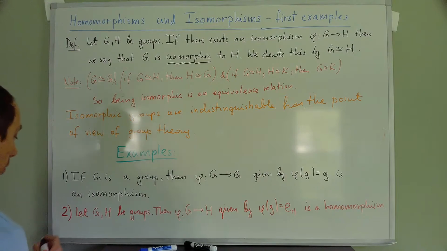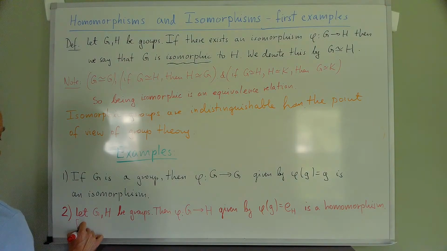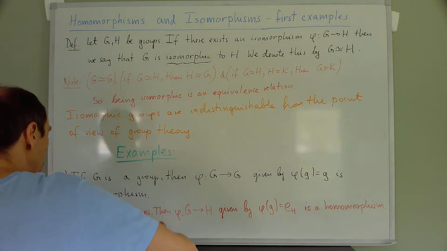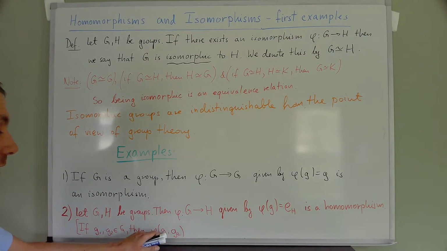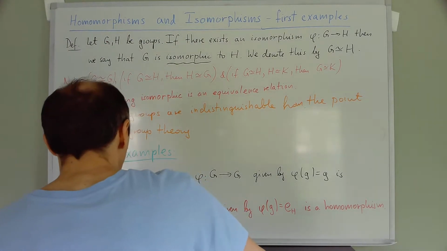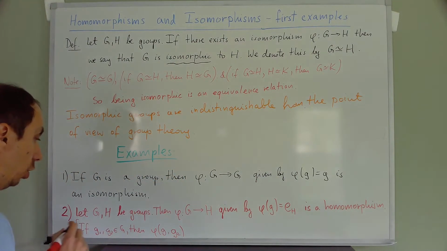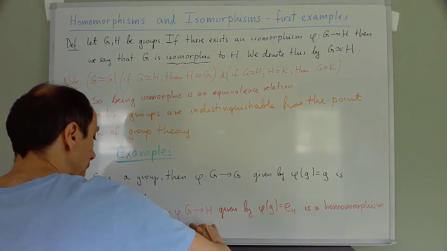Let's check that this is a homomorphism. This is actually quite easy. I need to check that if g1 and g2 are in G, then I look at phi of g1 star g2. I'm going to now drop the star and just write g1 g2. That means in between them there's the binary operation of the group G. Well, on the one hand, g1 g2 is just an element of G, so by definition this is e_H.